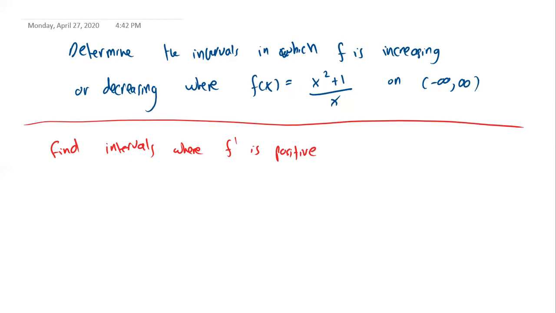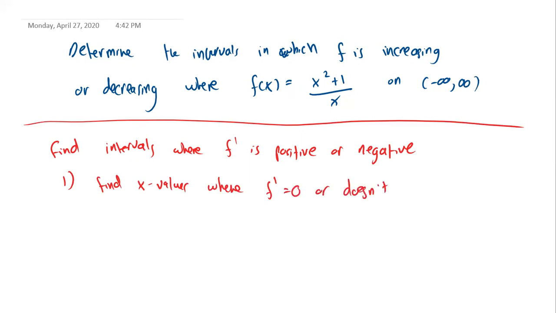Whenever you're trying to find the intervals where a function is positive or negative, the first thing you do is find the x values where the function, in this case the derivative, equals 0 or doesn't exist. So shorthand, since the function is f prime, basically just find the critical points.